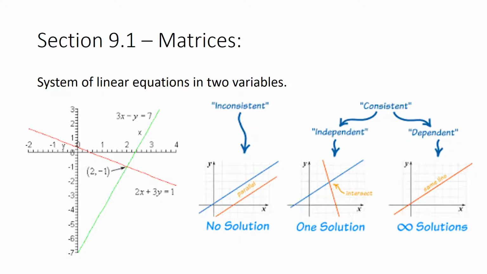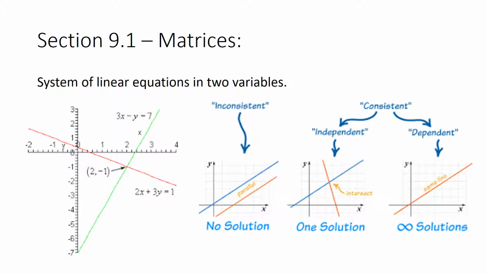So when you have infinite solutions, that's a consistent system that is dependent. So with a system of linear equations in 2 variables, you have inconsistent systems with no solutions, and consistent systems with solutions. An independent system has one solution, whereas a dependent system has infinite solutions because the 2 lines graph on top of each other.